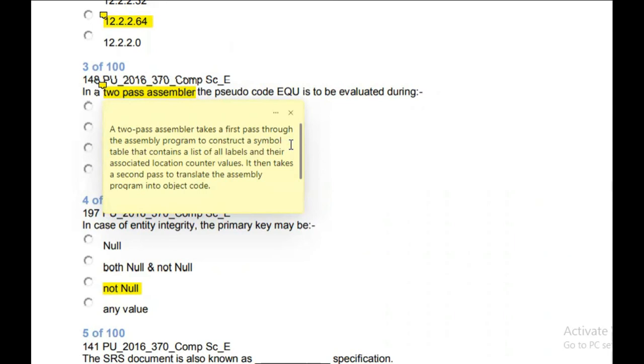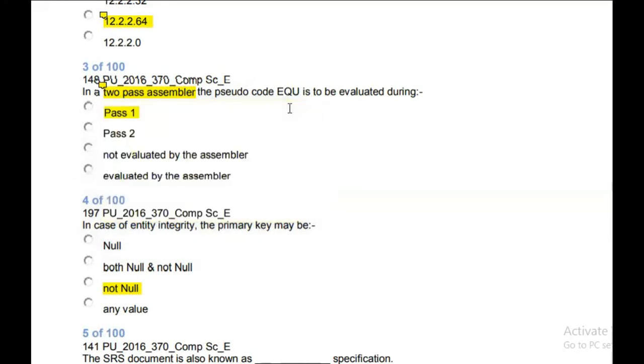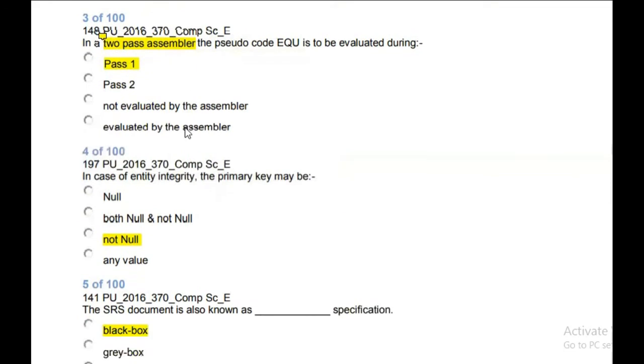It then takes a second pass to translate the assembly program into object code. So option A is correct.